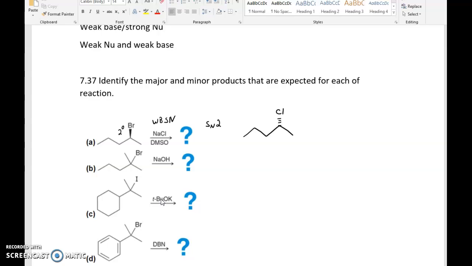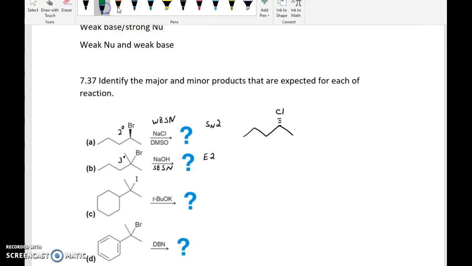All right, so here we've got sodium hydroxide. This is a strong base. It's also a strong nucleophile, but we have a tertiary substrate, so we'll only have E2. We look at what can be formed. Let me get some colors in here. Do green. We've got a hydrogen here, and we've got a hydrogen here.